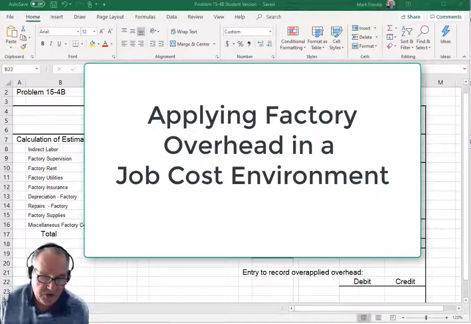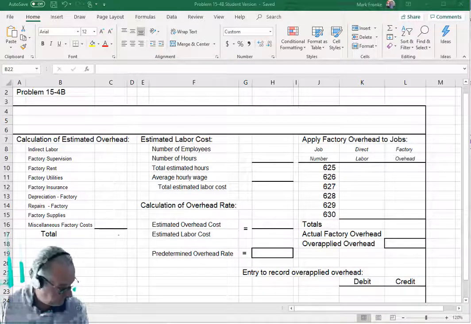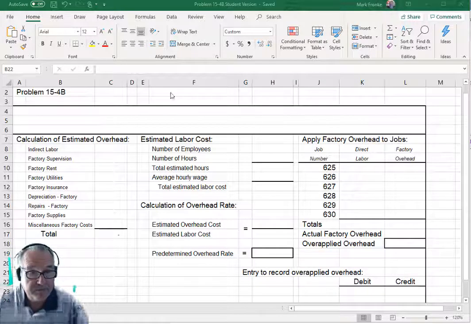This video is about factory overhead and how we apply it in a job cost situation. I'm going to use problem 15-4b as the example in this case. And this is the Pavelka Company.